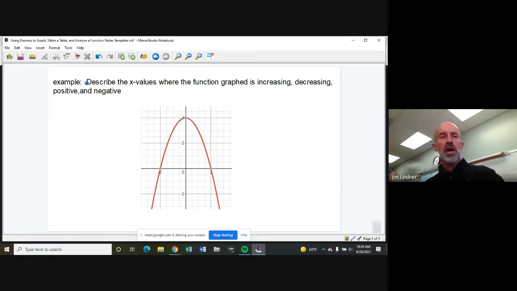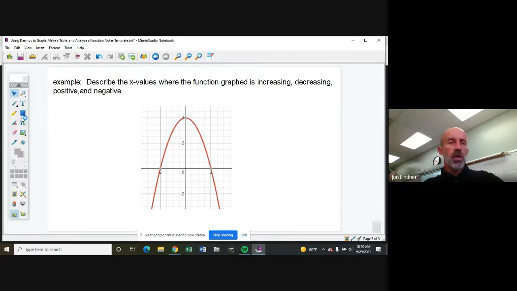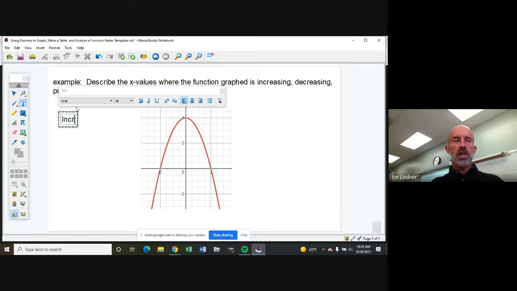So let me show you how to state this. Understanding increasing and decreasing isn't hard, but maybe stating it is a little bit harder at times. So here's what I would do. I would state that it is increasing from, and I need to use my different feature here so that I can use the infinity symbol. Give me a second.